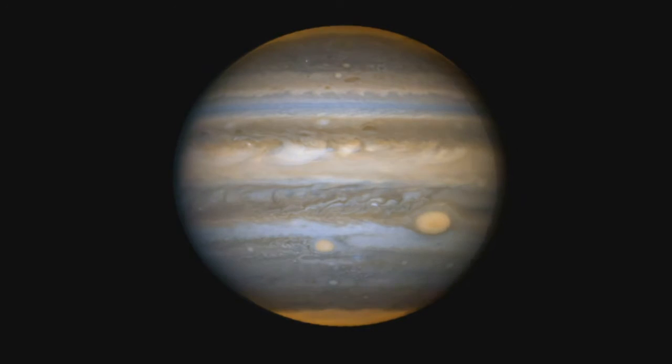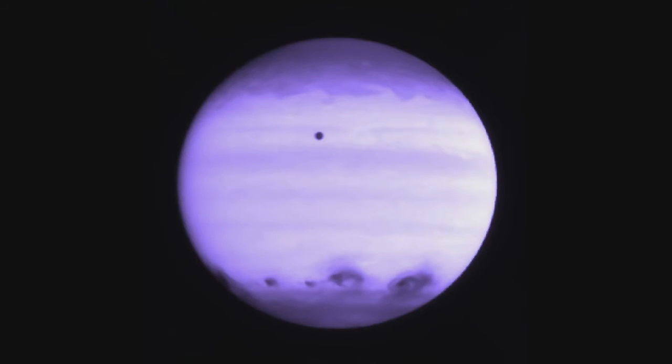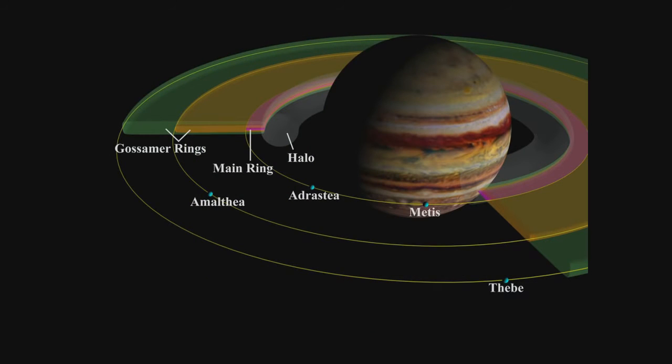Notice the appearance of the polar areas of Jupiter. This image from NASA reveals the ring formations around Jupiter.